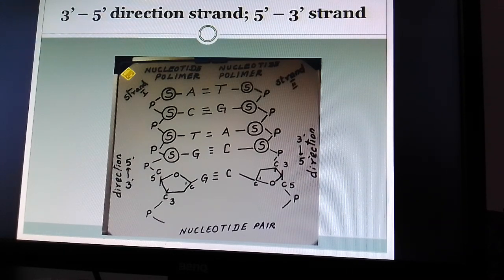That should be understood, because the direction has some significance with the transcription activity, where the DNA will be transcribed into a RNA and then the RNA will get involved in protein synthesis. And when we talk about the protein synthesis, we will give importance to this direction. Anyway, here it should be understood.